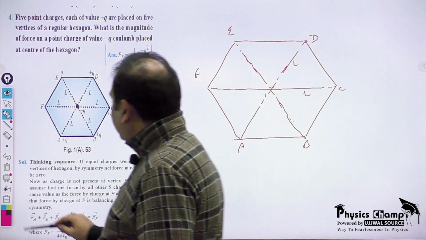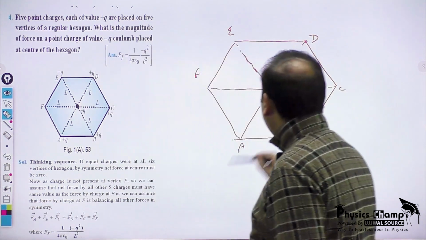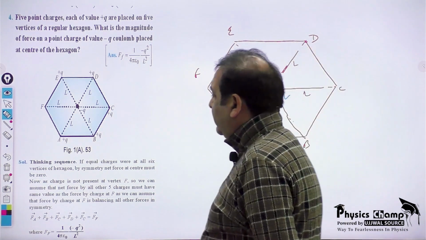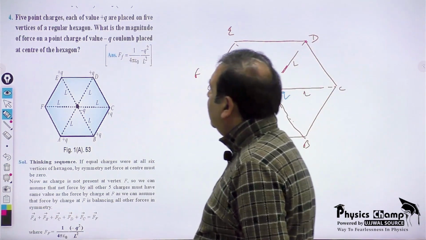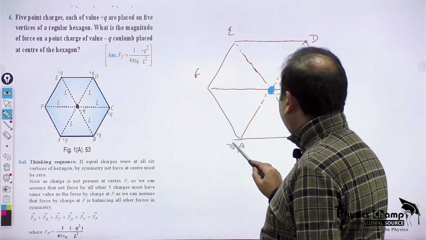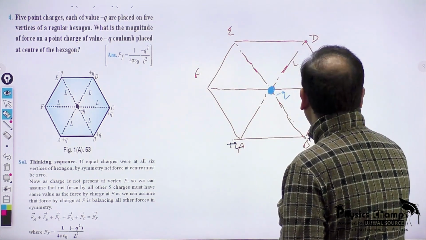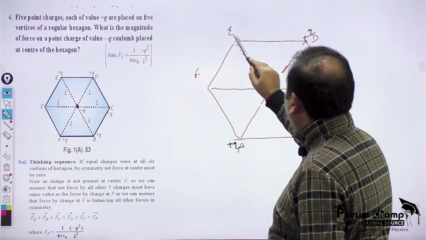And here at the center, we have a charge minus q, and there are charges plus q at A, B, C, D and E.